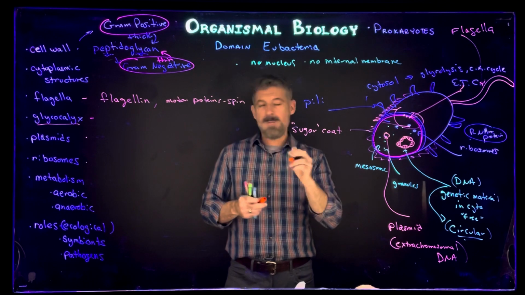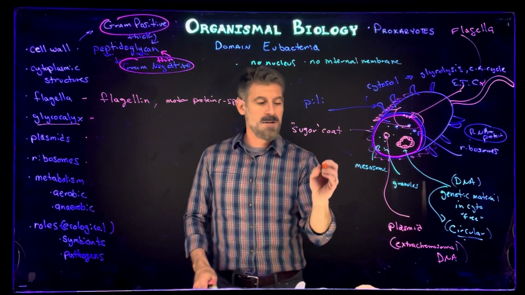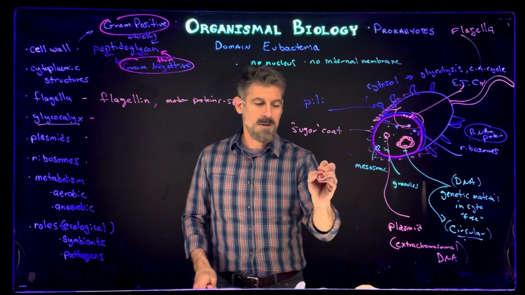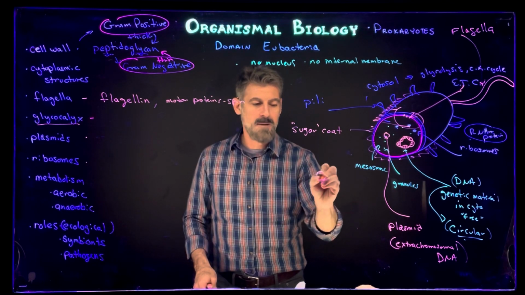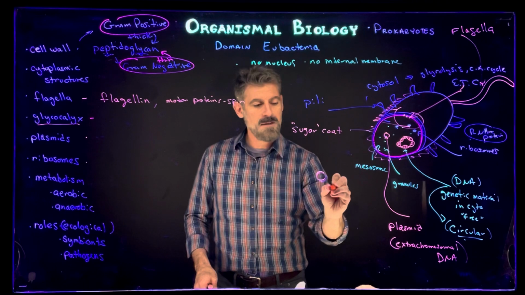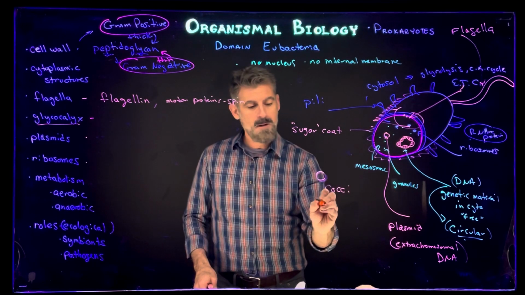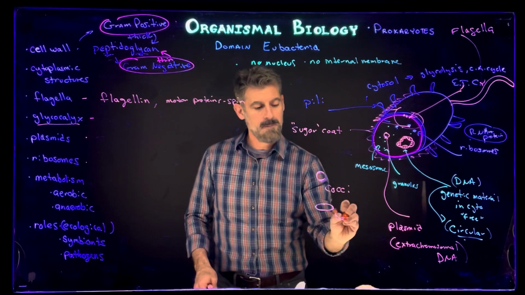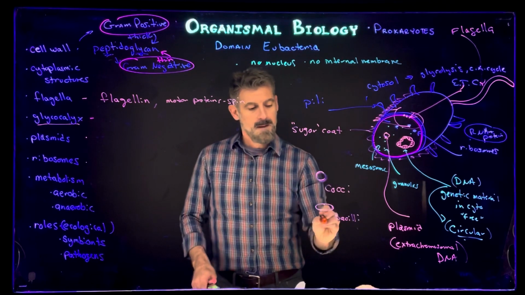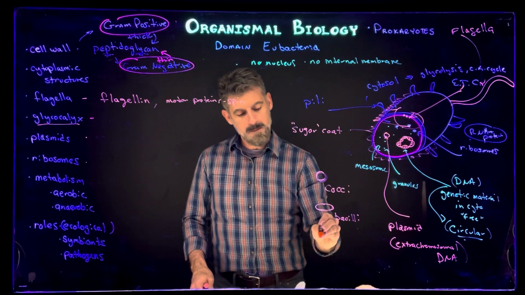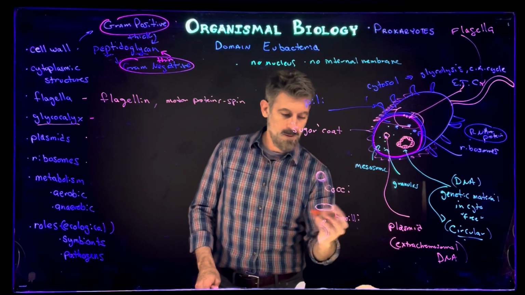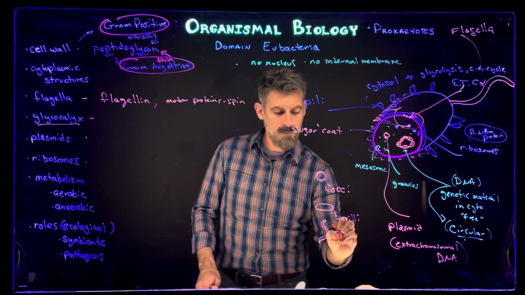The last thing I'll mention about structure is that bacterial cells have a whole variety of different shapes. Generally, you have perfectly round spheres called cocci. You have rod-shaped cells called bacilli. There are these twisty, kind of corkscrew ones called spirilli.